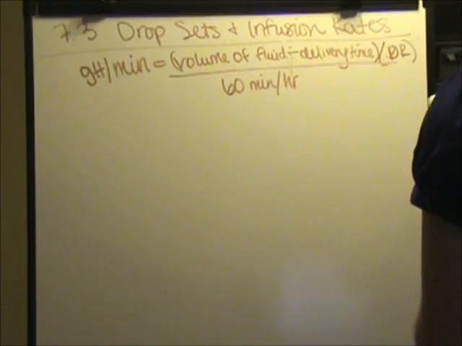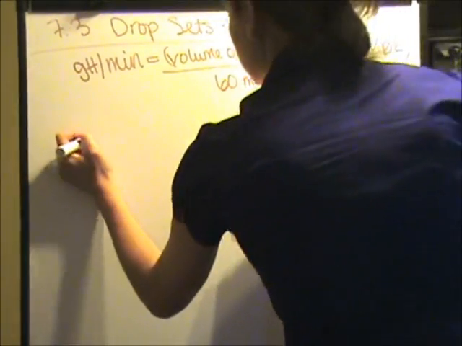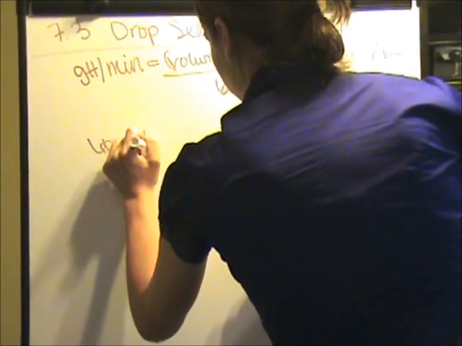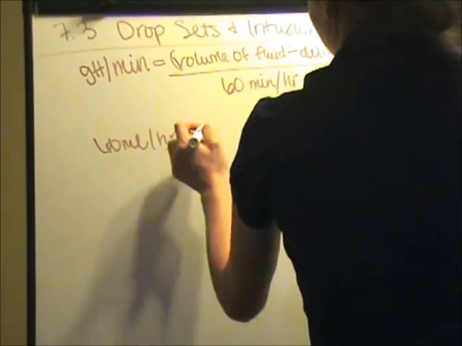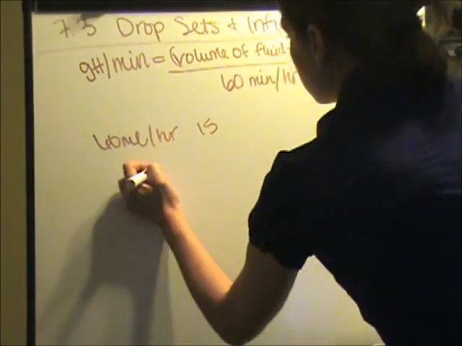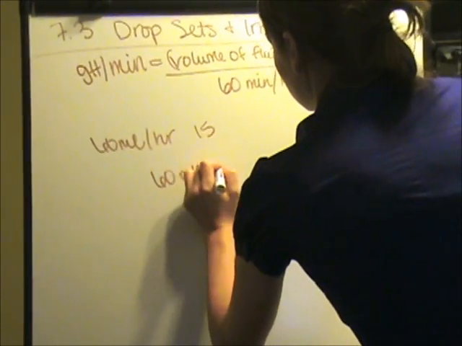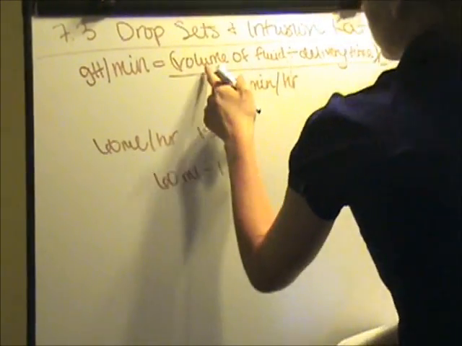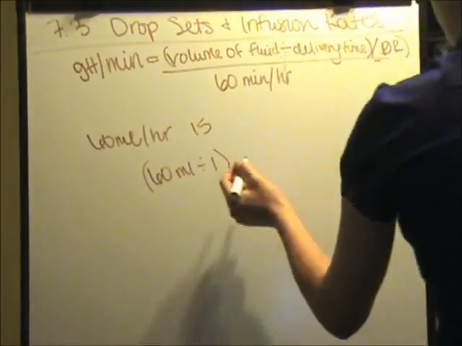Okay, so let's look at example 7.3.1. If an IV is running at 60 ml an hour, what is the rate in drops per minute using a 15 drop set? Okay, so the volume of fluid is 60 milliliters per hour. So 60 mils divided by an hour, so the volume of fluid divided by the delivery time, times the drop rate.